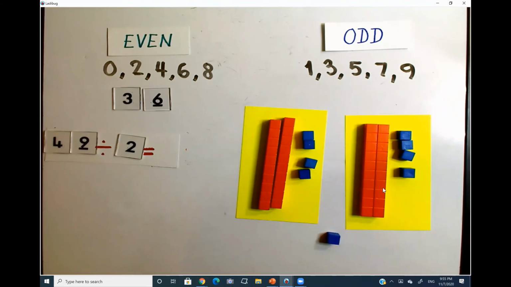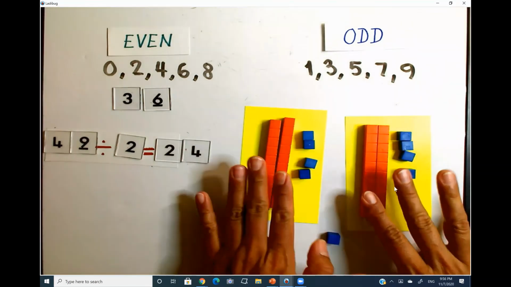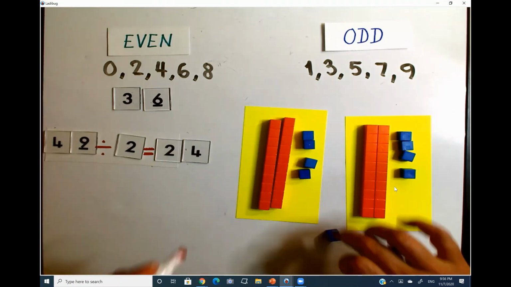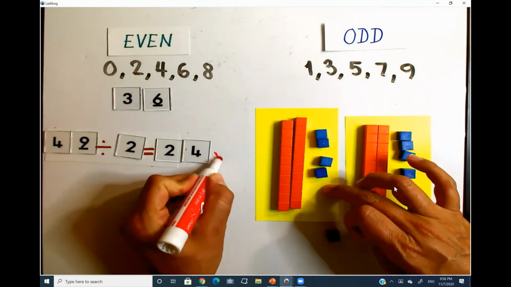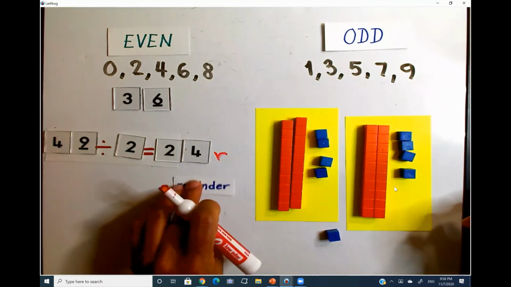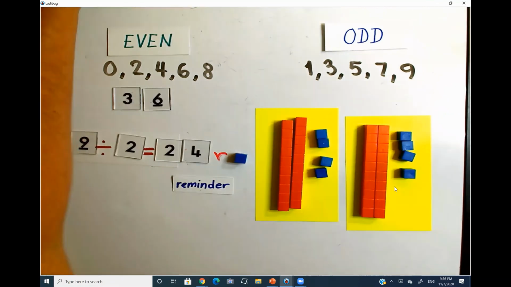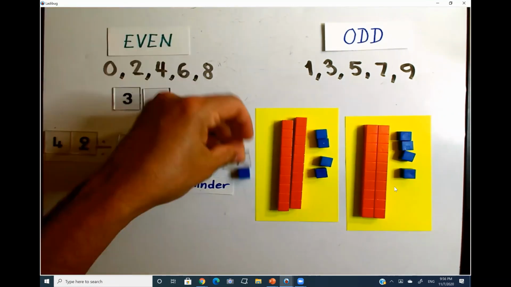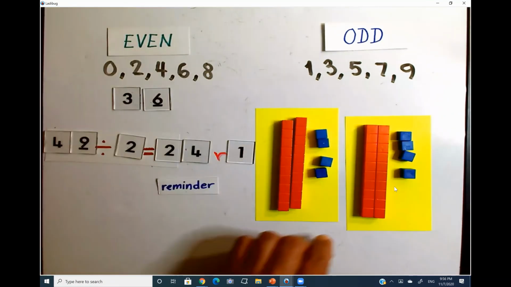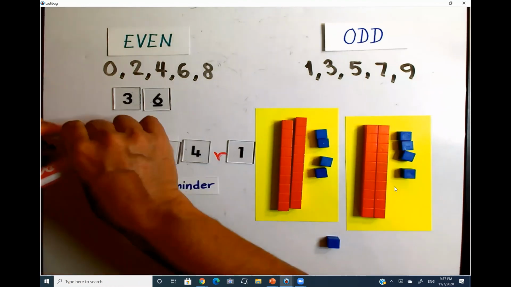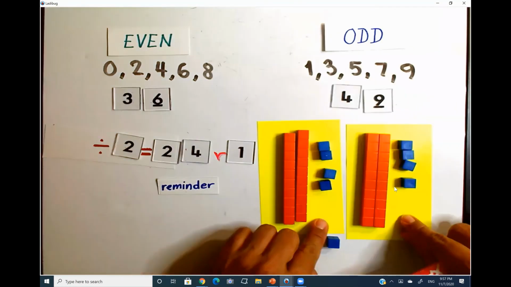So I notice now that the answer for this one is going to be 24, because each group has 24, but I have one left. So when we have one left, we put an R. That stands for the word remainder. That means how many are left, and 1 is going to be the remainder. So we're going to put the remainder 1. So now we know that 49 is an odd number.